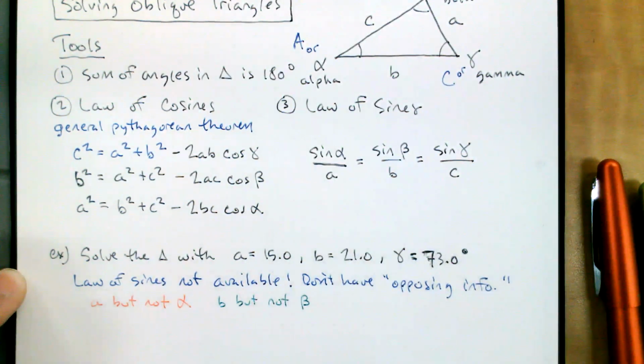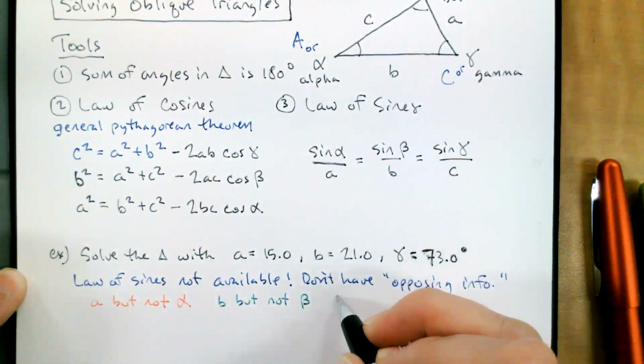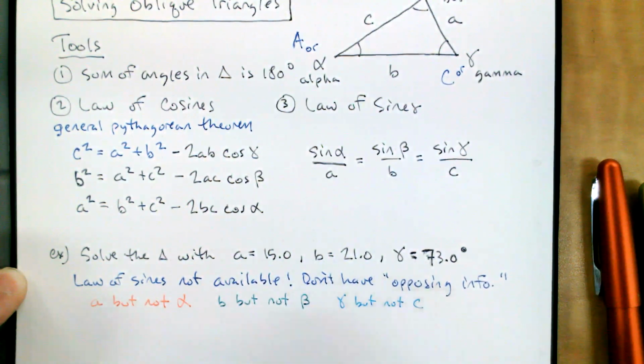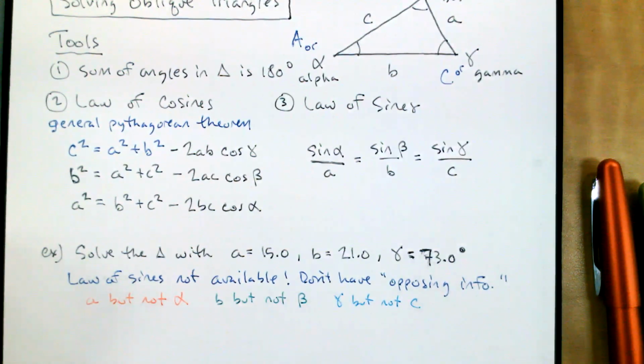The law of sines requires opposing information, A and alpha, B and beta, C and gamma. Don't have that. Law of cosines is the only one that we have available. There's a law of cosines that involves the angle gamma, so that's the one that we're going to use.